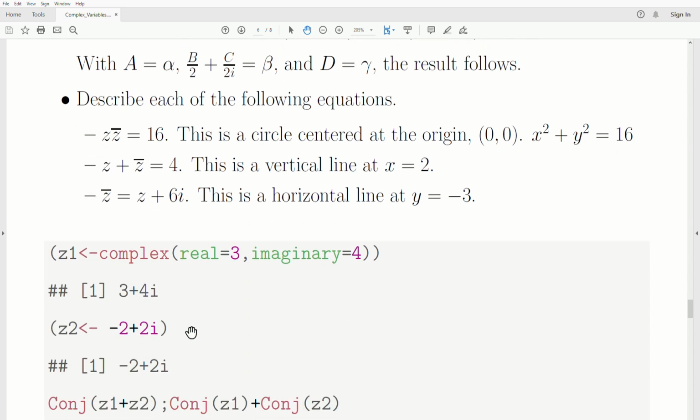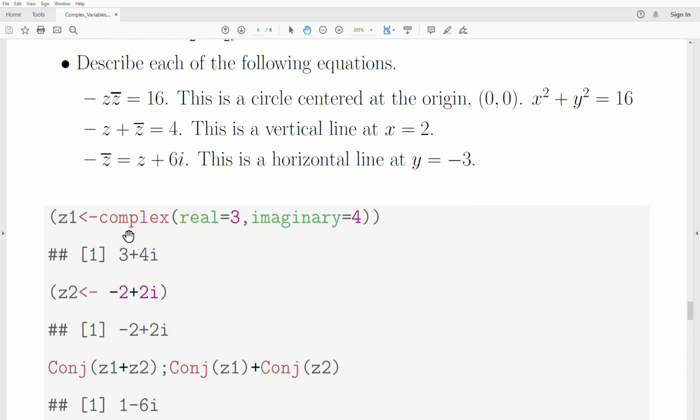Let's show some of these properties are true using R. Now, when we enter complex numbers in R, we can use the function complex, and this is a really simple use of it. It has more functionality, but you just say real 3, imaginary 4, and it creates a complex number stored in Z1.